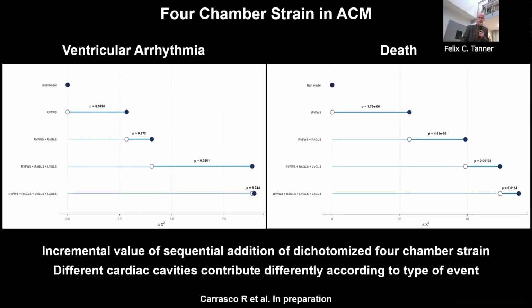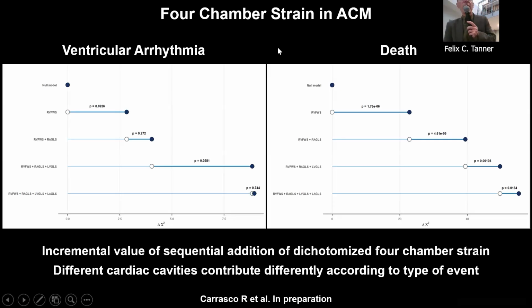And here we tried to use four-chamber strain and compare and understand whether it offers an advantage for us in terms of risk prediction as compared to single chamber, let's say, right ventricular strain. And it does, but it depends on what parameter you look at.